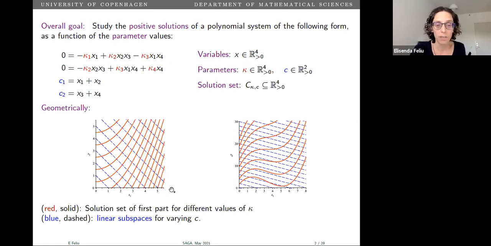Here you can see in this figure, if you pick one red and one blue line, there is always only one point where they meet. While in this figure, whatever blue line I pick, there is one intersecting point.